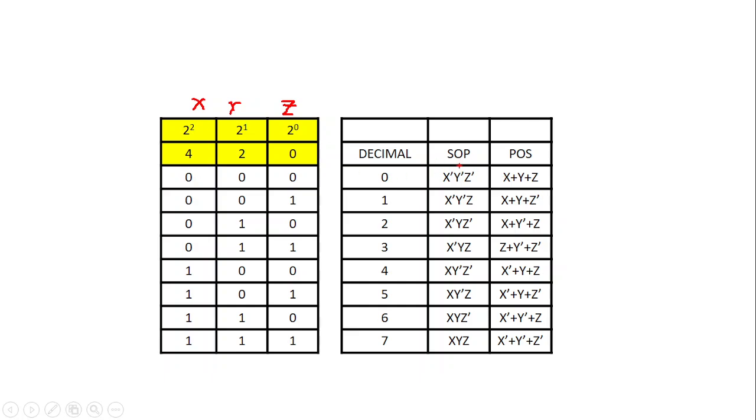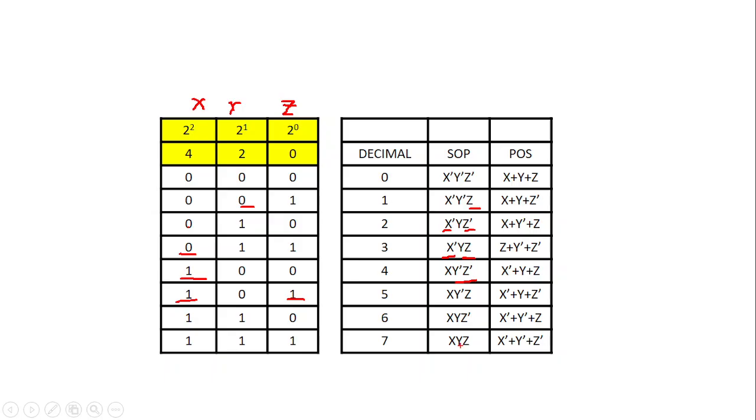Wherever 0 is there, you write inversion. Y is inversion, Z is inversion. What about this term? X inversion, Y inversion, Z in the normal form. Next one, X inverted, Z inverted, but Y in the normal form. What about this one? X inverted, Y and Z in the normal form. X in the normal form, Y and Z in the inverted form. Here X and Z in the normal form, Y is inverted, and so on. You write all of them.